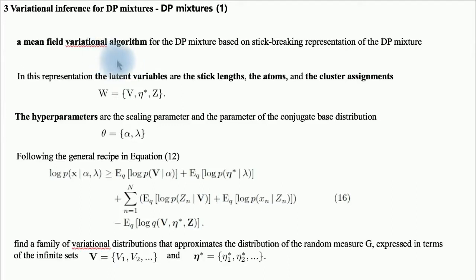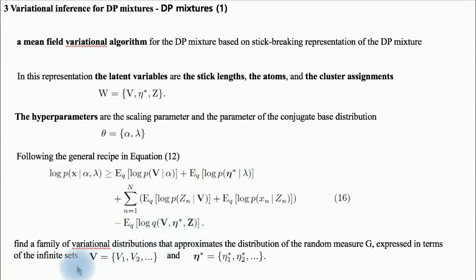The proposed algorithm is based on the stick-breaking representation of the DP mixture, and in this representation the latent variables are the stick lengths V, the atoms eta star, and the cluster assignments Z. Following the general recipe in equation 12, we write the variational lower bound on the log marginal probability of the data, with the expectation over V, eta star, and Z.